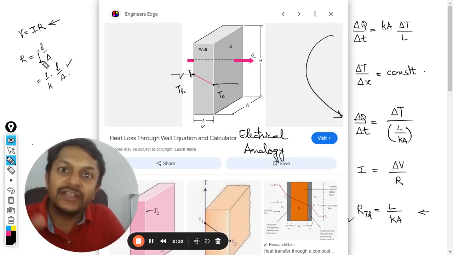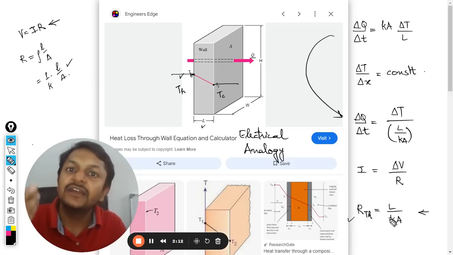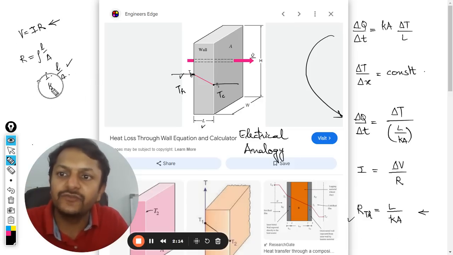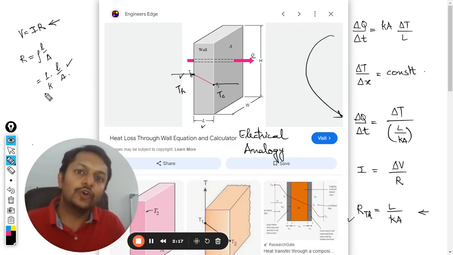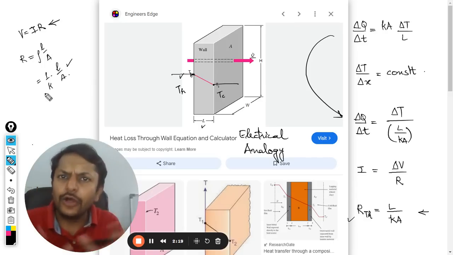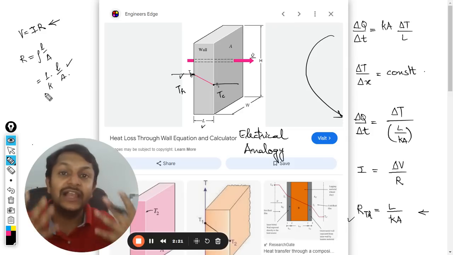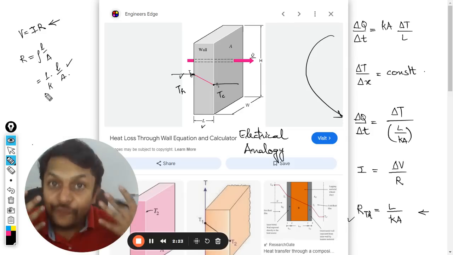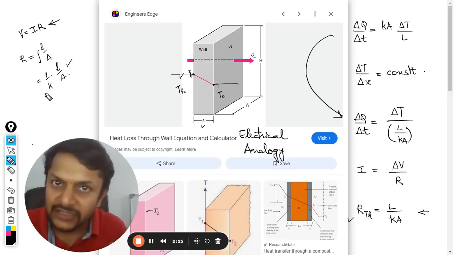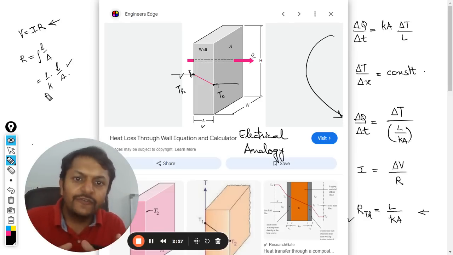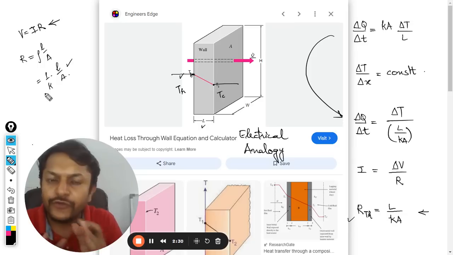Here, this rho is resistivity, and K is conductivity, which is actually the inverse of the resistivity. So they are completely analogous to each other. That is why this is known as the electrical analogy of the Fourier law for the wall. So this is it for the electrical analogy for the wall.